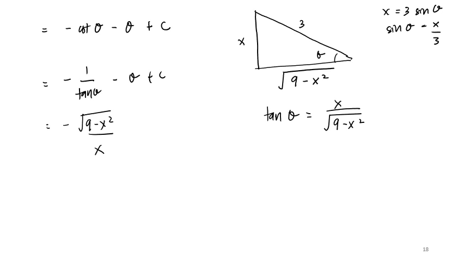Okay, and then theta. So now here this is theta. So sine theta is x over 3, thus theta is the arcsine of x over 3. So put that in, arcsine of x over 3, plus c. So this is your final answer.